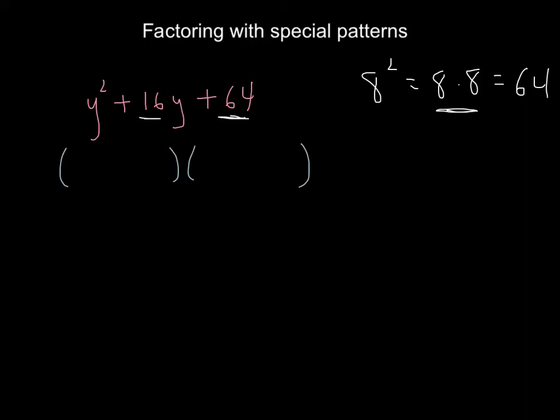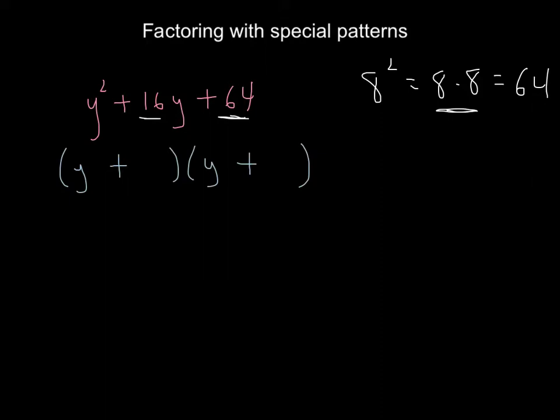So if we just go back to the first video and attack this in the same elementary method that we had set up, we said, well, 64 is positive, which means that both of these signs here are the same. This one will tell me which, so they're both positive. And we go through the process of listing all the factors of 64. First, taking care of our y times y is y squared.